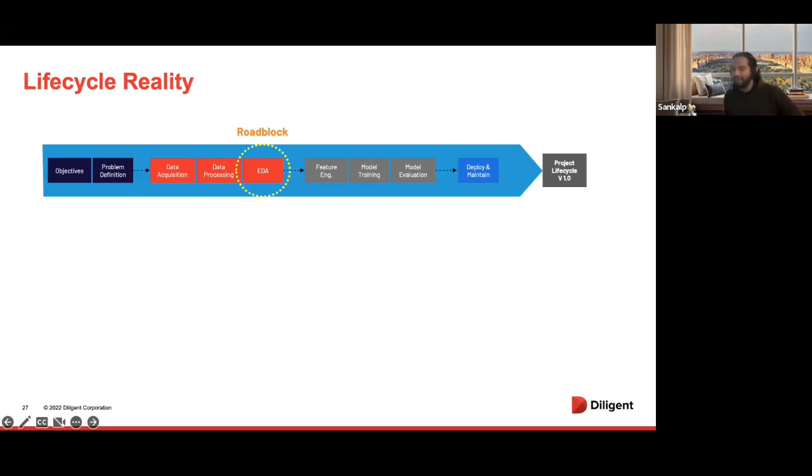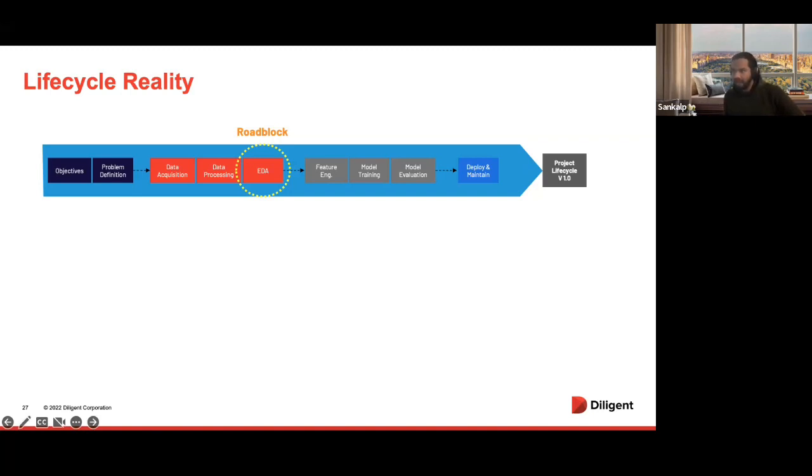So let's assume in this case, while we were performing exploratory data analysis or EDA, we realized that, okay, we don't have enough data points, right? So this is where it's a roadblock for us. If we don't have enough data points, you cannot train good models.